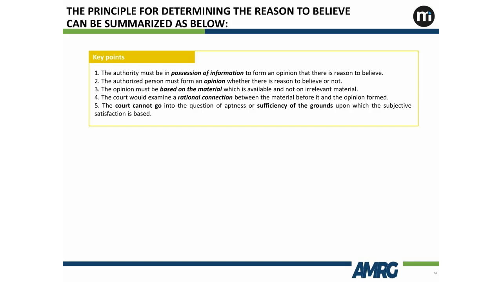Both have a nexus, but on merits, the court is not an adjudicating authority, so they cannot go into the question of whether the grounds are sufficient or not. It is the responsibility of the department to see whether the grounds are sufficient. They'll just see that the grounds exist, that the material exists, both have a nexus with each other, and if these three things are proved, and you file any writ against such a matter, it will be rejected. So the fifth point is very important.